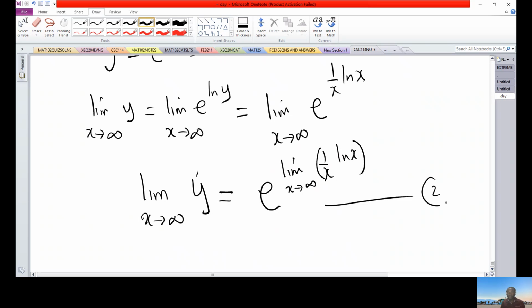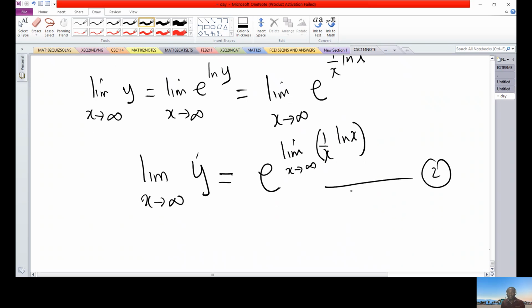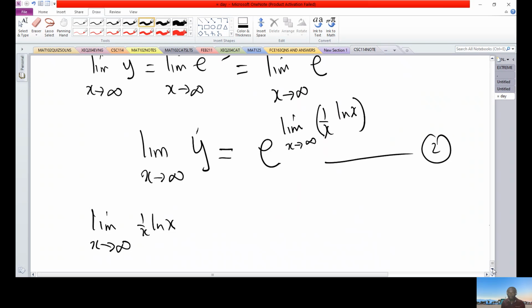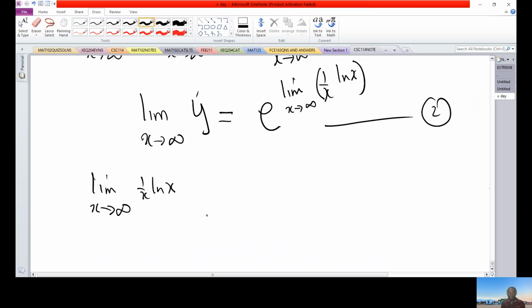Call this one equation 2. Now we concentrate on this power here, getting the limit. So the limit as x approaches infinity of 1 over x ln of x is just the limit as x approaches infinity of ln of x over x.